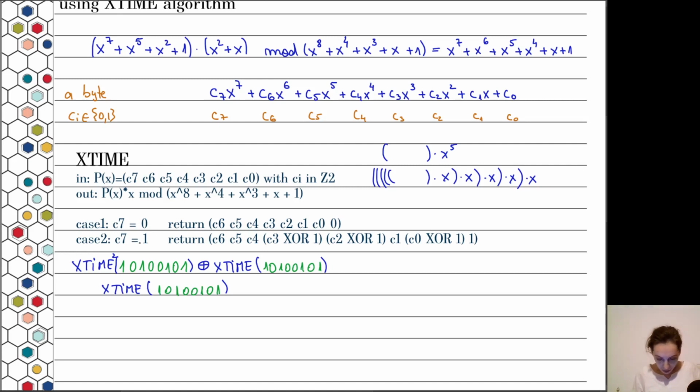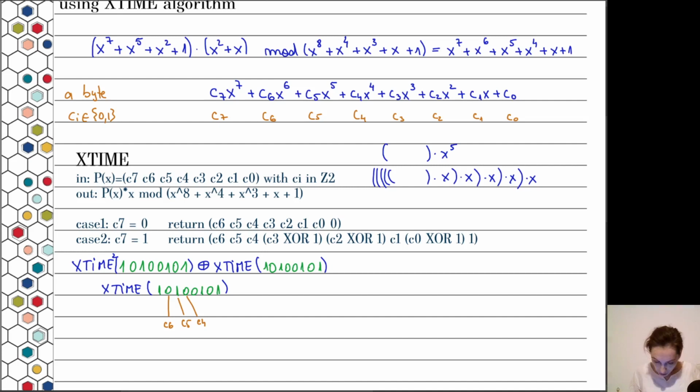Okay, what do we have to do? We have to identify the coefficients C6, C5, C4 from this input. So this is C6, this is C5, this is C4.